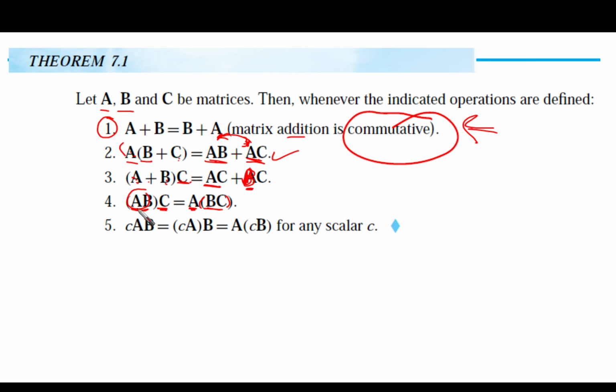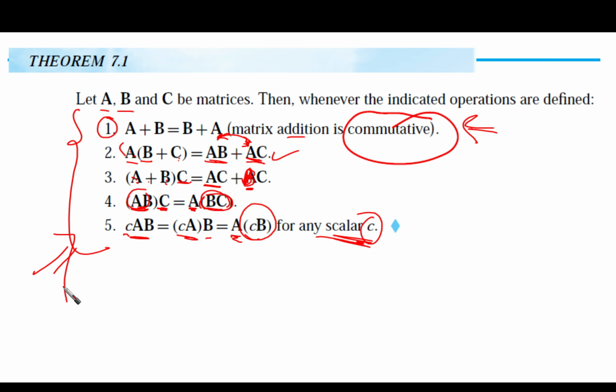And if we have AB multiplied together already and we want to multiply it by another matrix C, then this would equal A times the multiplication of B and C. Okay, and if we have any scalar C, and matrices A and B, then C times AB would equal C times A times B, or it would be the matrix A times C times B, for any scalar C. Okay, these are important operations that we need to keep in our mind.